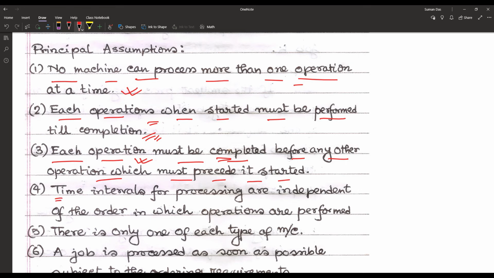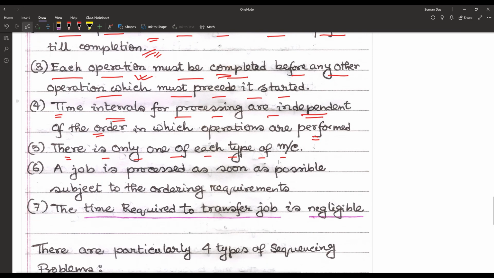Next one, time intervals for processing are independent of the order in which the operations are performed. And number 5, there is only one of each type of machine. And the final one, a job is processed as soon as possible subject to the ordering requirements.